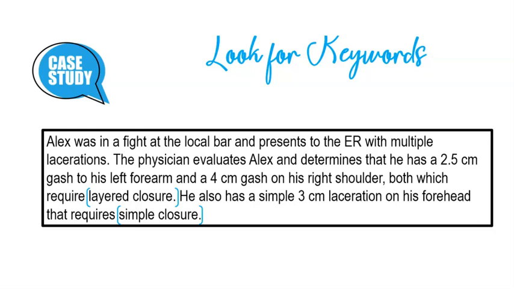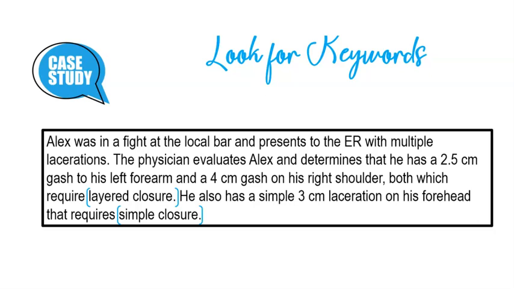In this case study, we have a young man who was in a fight at a local bar and presents to the emergency department with multiple lacerations. The physician evaluates him and determines that he has a 2.5 centimeter gash to his left forearm and a 4 centimeter gash to his right shoulder.